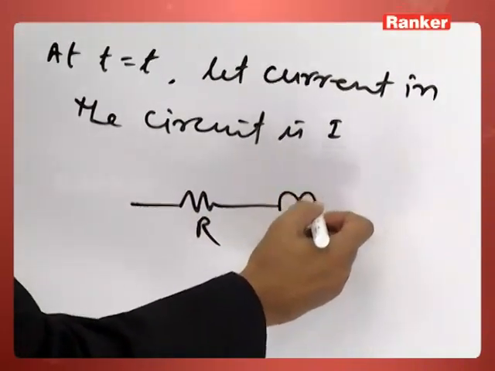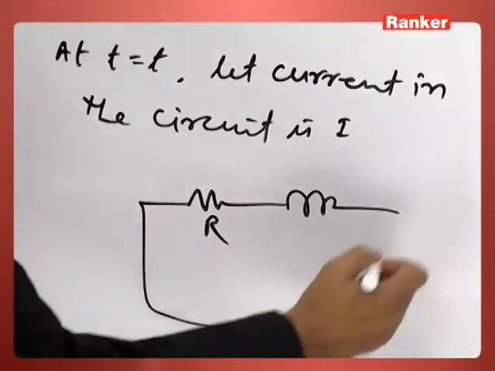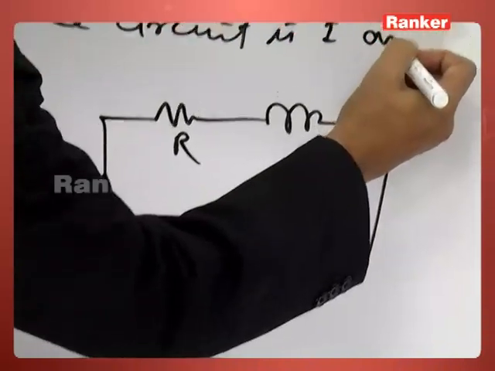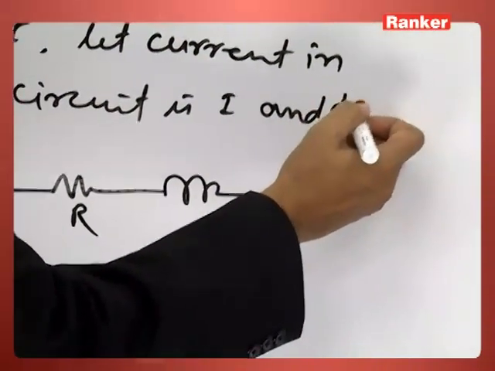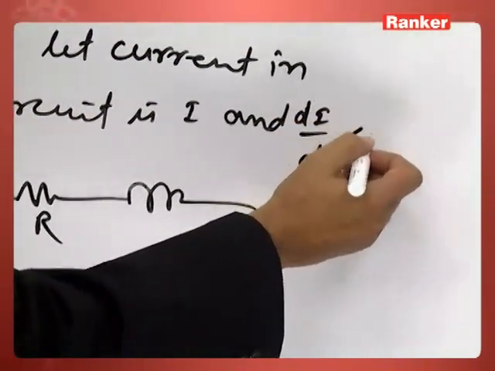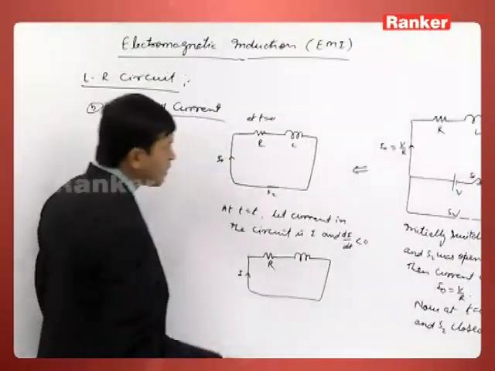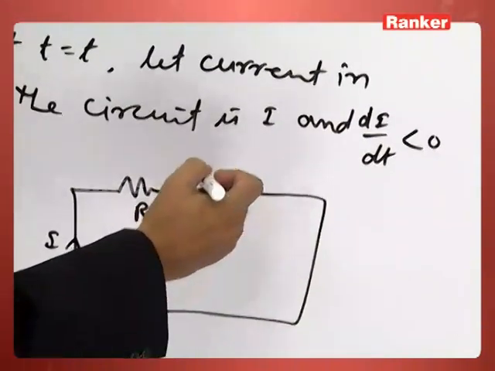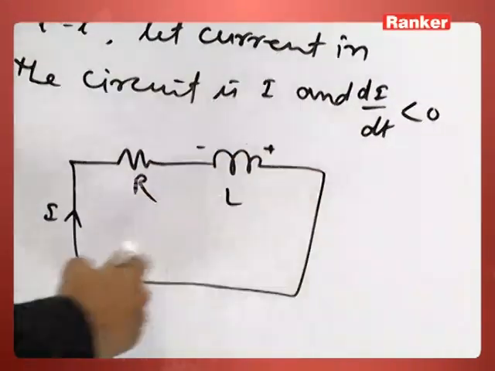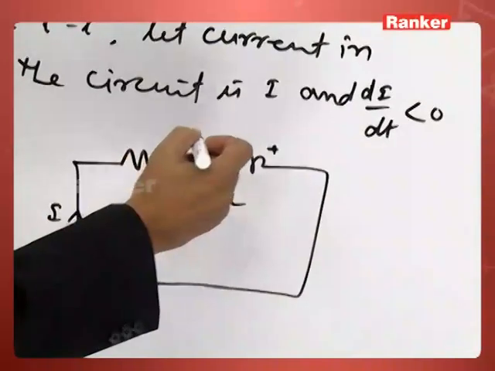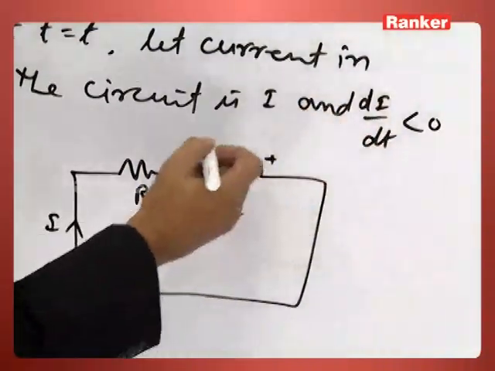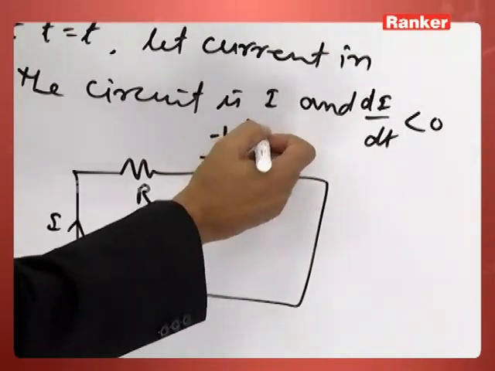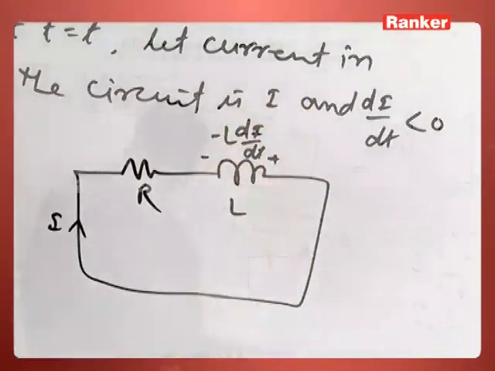In the circuit, the current is I, and the rate of change of current di by dt is less than 0, or negative. So the EMF induced here will try to maintain the same current, but here di by dt is negative, so that will be minus L di by dt.